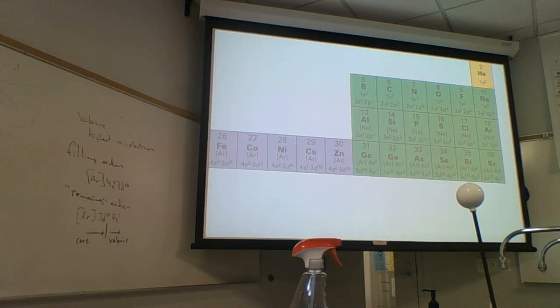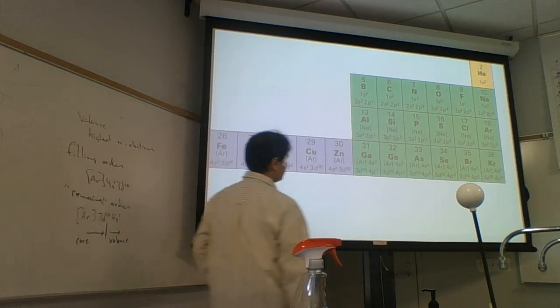The 3d10 subshell is a filled subshell. It's not as stable as a filled shell. However, there is stability in that filled subshell. And so something like gallium will have 3 valence electrons because the 3d10 will now be part of the core electrons, or the inner electrons. So we'll just call these the inner electrons, the core, the 3d10.